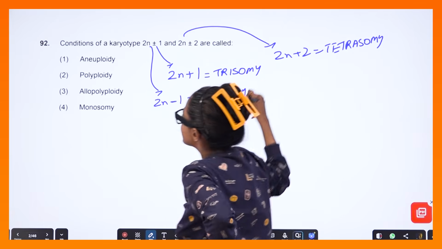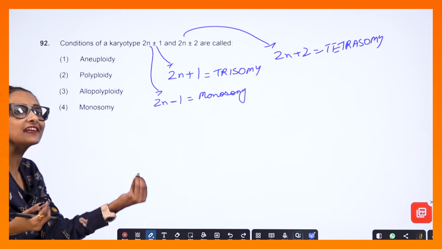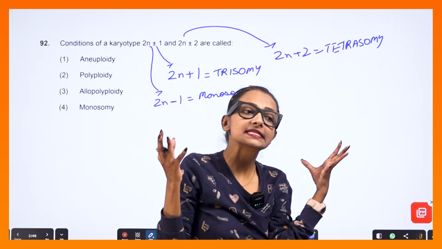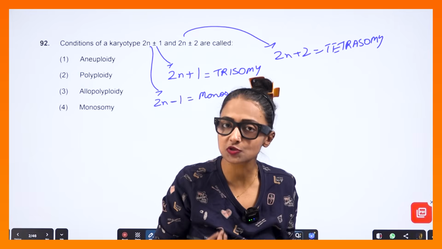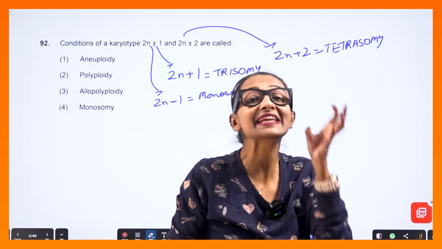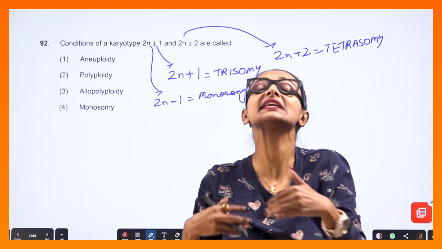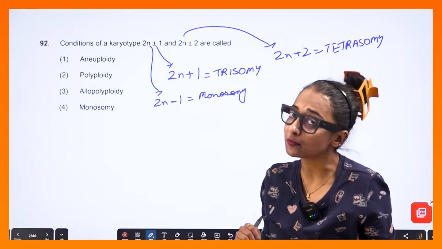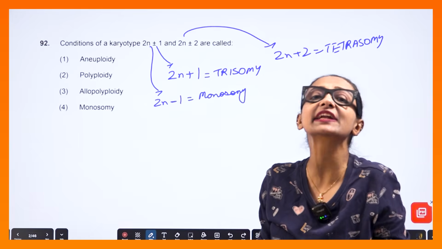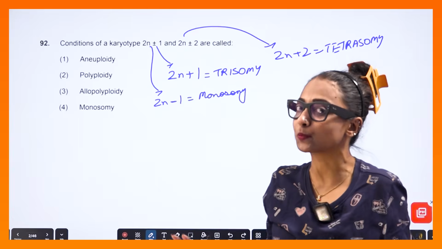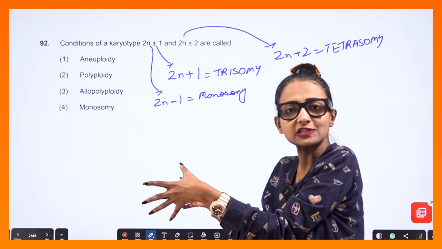So basically, these are all cases where individual chromosomes are either added or removed and the entire ploidy is not messed up with.